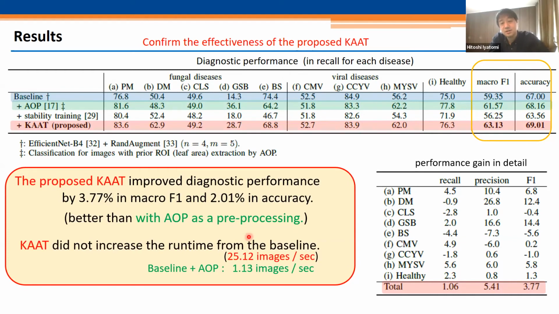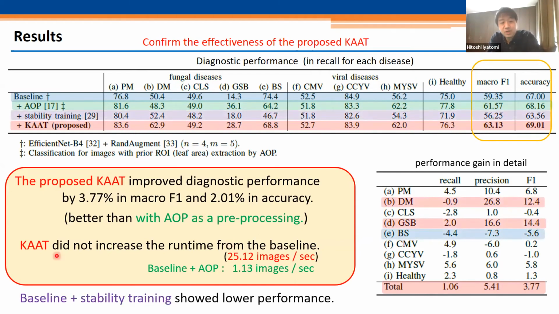That is, CAT processes 25 images per second. On the other hand, if we perform ROI segmentation in advance, the processing speed is almost 1.1 images per second. That is very slow compared to the original.